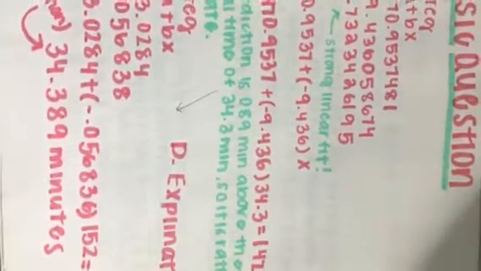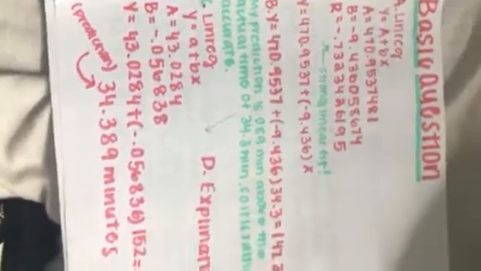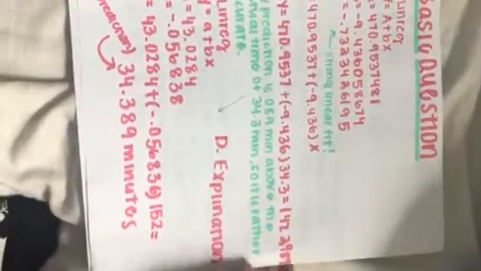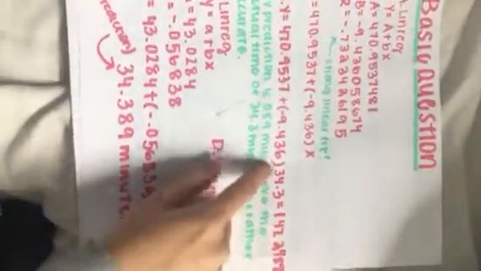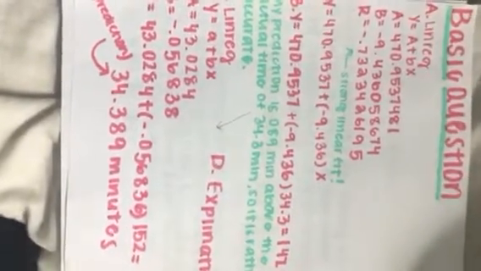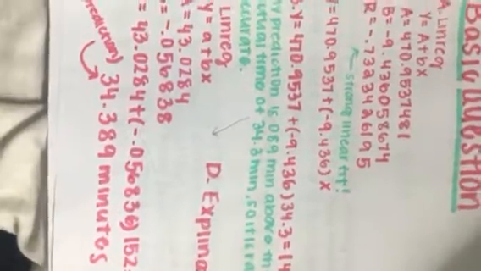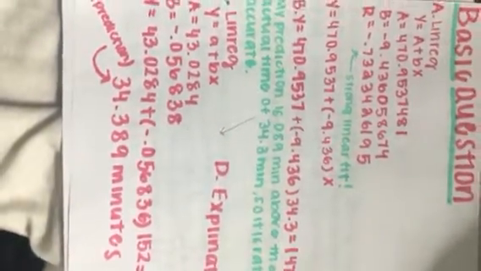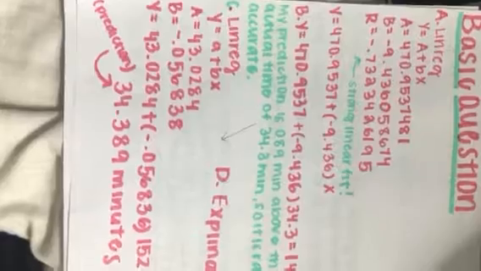So what you want to do is plug in time for X, so that the time was 43.0284, and what you do is once you plug it in, you get 147.2989. The actual was 152, so our predicted value was close enough and not too far off from the actual value.